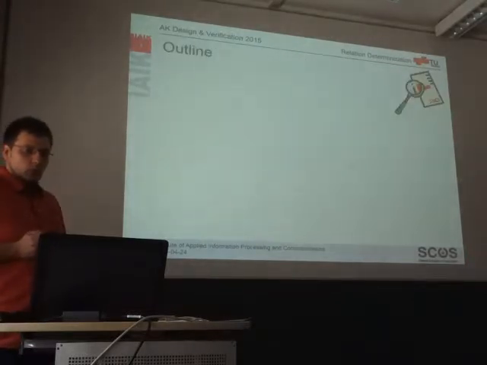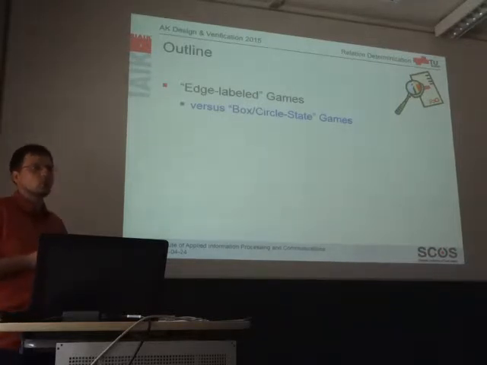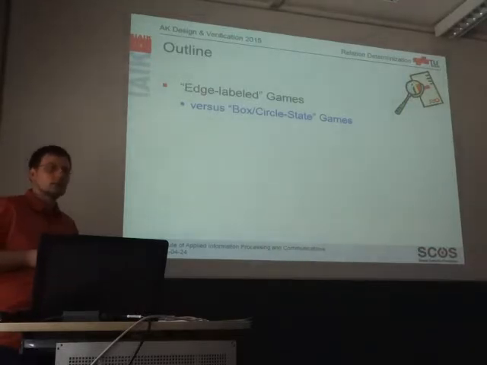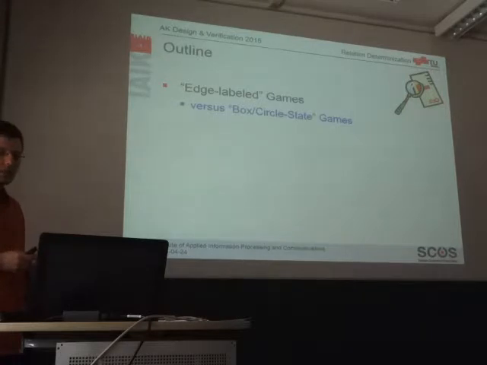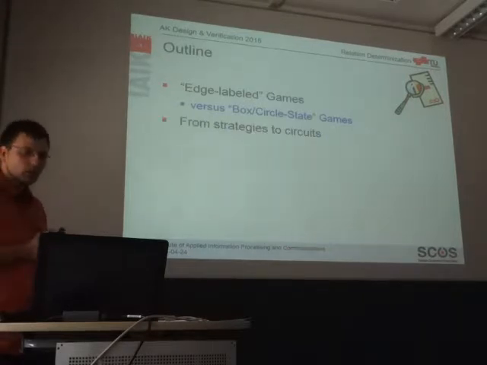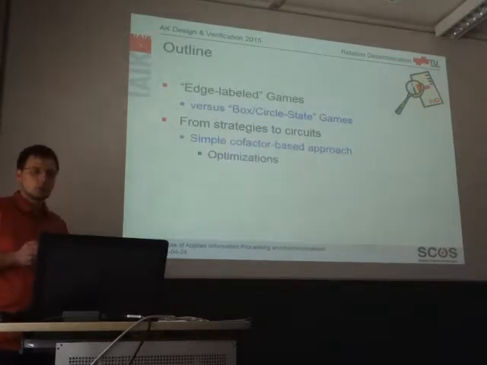So, what are we going to look at today? Basically, first I will show you a slightly different notation for games that we call edge-labeled games versus these box and circle style games that we have used so far. It's nothing very fancy, it's a very easy transformation, it just makes things a little bit easier to think about. And then we will focus on seeing how we can actually go from strategies to circuits.